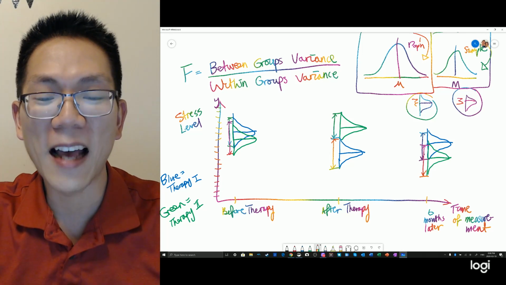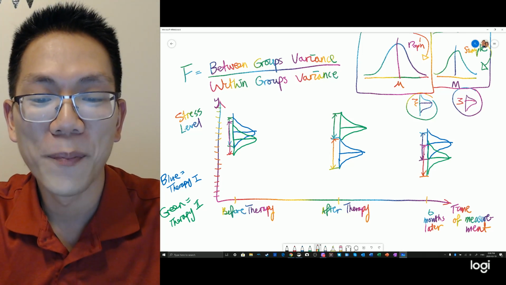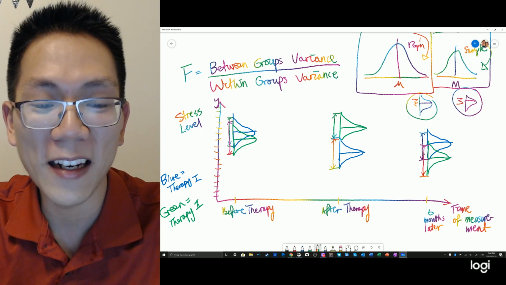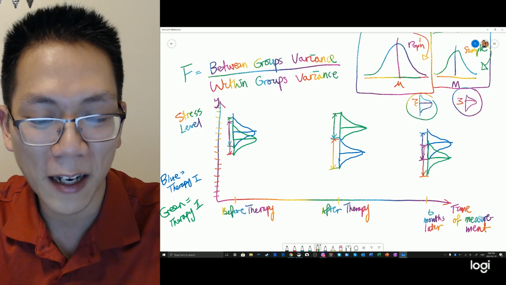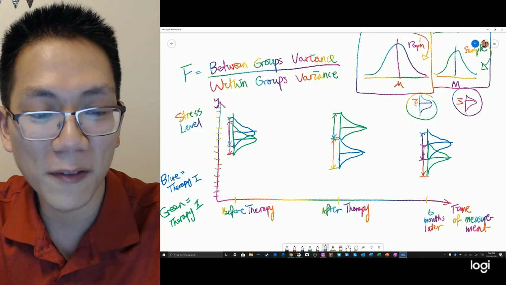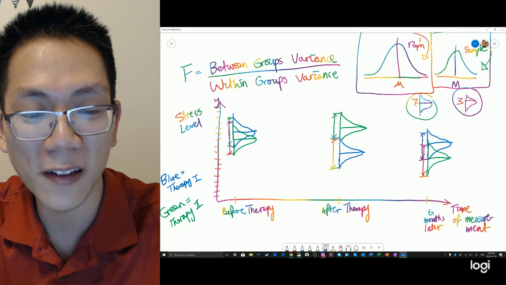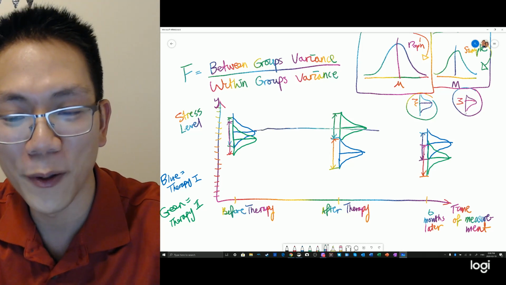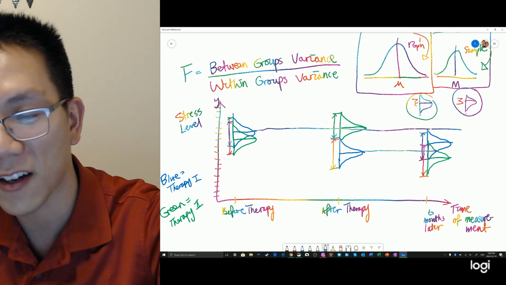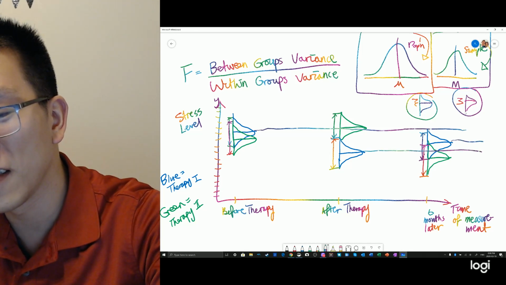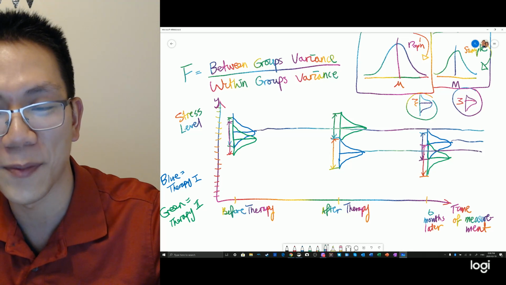Notice that between groups, they could be different. So I'm going to use this pen. Between groups, if you look at the blue, if I drew a line across all these, you can see that there's some differences between them.